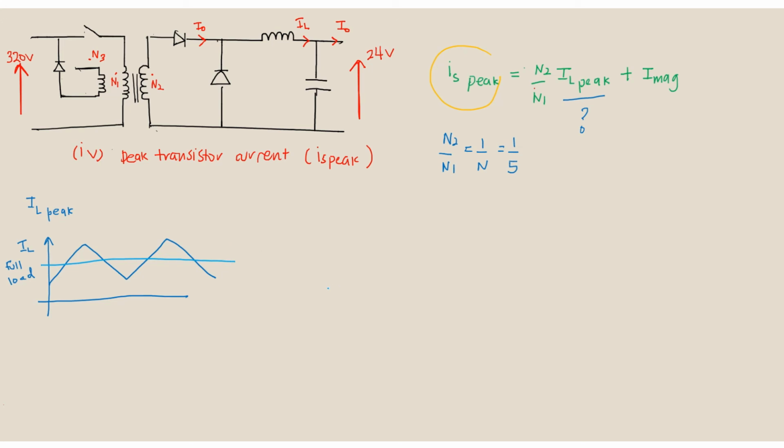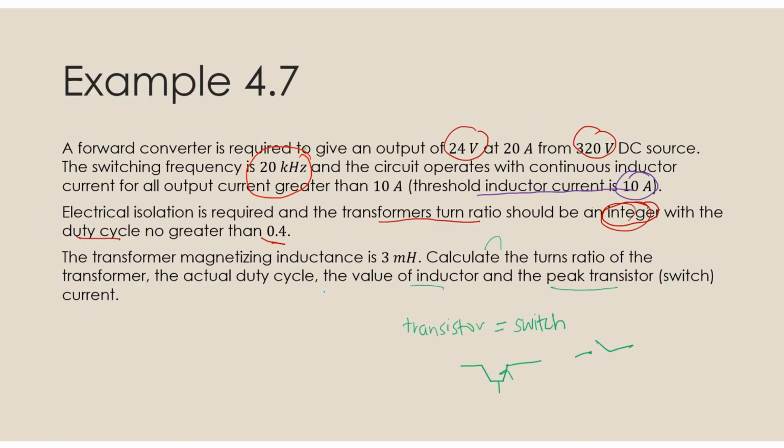At the full load, let's see the question: the IL now is 20 ampere. How do you know? Because the output is always operating at full load.